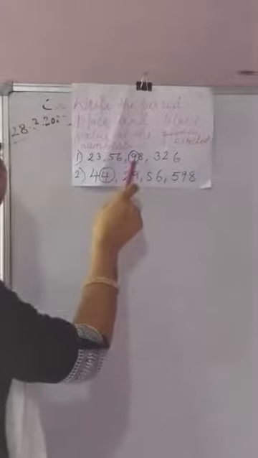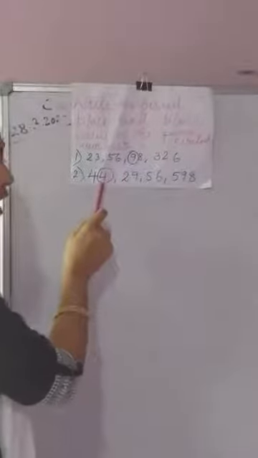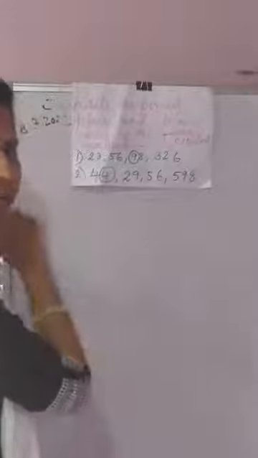Okay, I will explain these concepts later on. So, the circled number is 9. Find the period, place and place value of 9. Here, find the period, place and place value of number 4. In this manner, you can solve any question to find its period, place and place value.